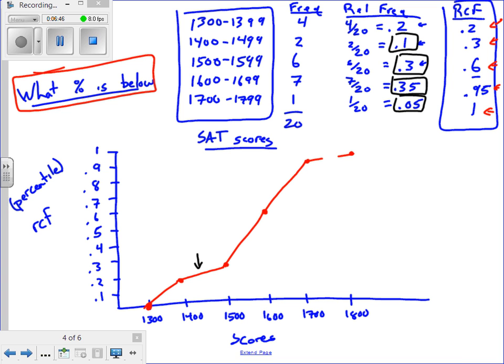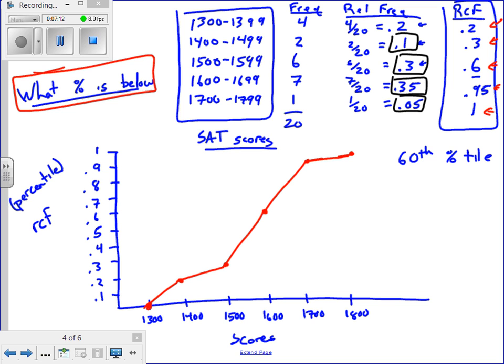So one of the things to consider with an ogive is that as these things start to level off, that tells you there's less data in there. If all of a sudden you get a flat spot in your graph, that will tell you there's no data in that bin. And where this is helpful, let's say that we wanted to find the 60th percentile score.